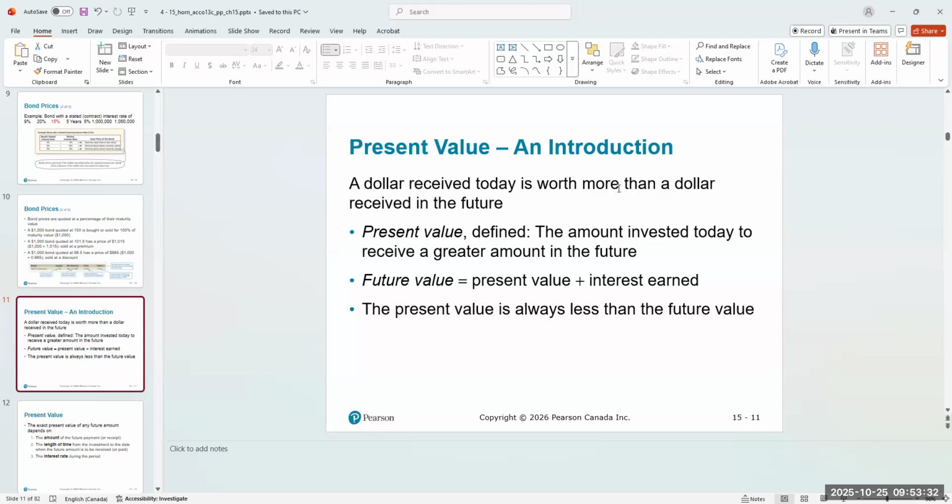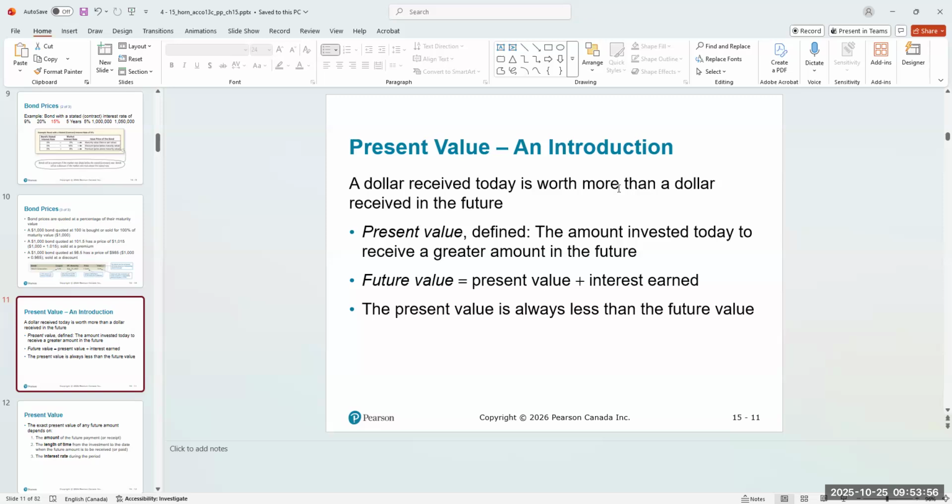So the million is what I will get in 10 years' time, right? After 10 years, you're going to get a $1 million inheritance. How much is it worth today? More than 1 million or less than 1 million? Less. Yes. Everybody agree?